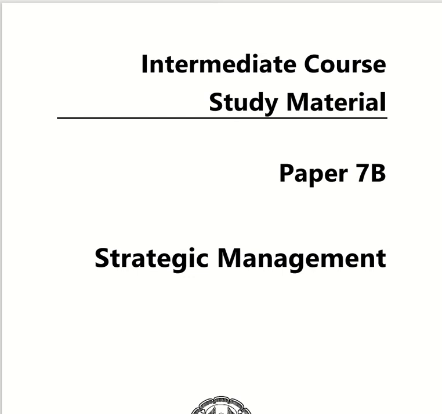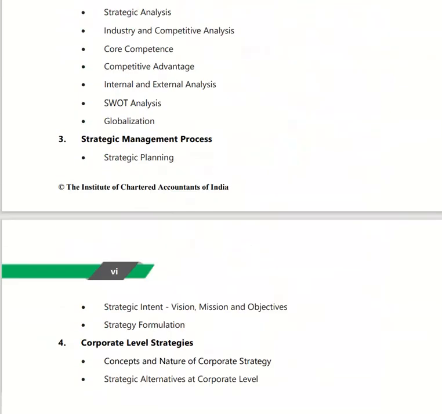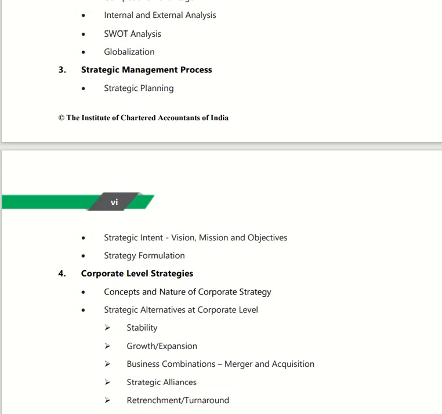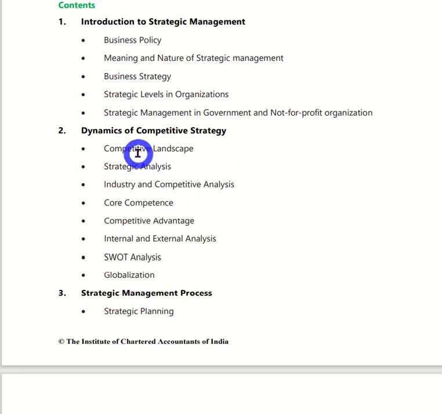As you see on the screen, you have on page 5 here as part of the syllabus, second chapter, Dynamics of Competitive Strategy, which have some bullet points, about 9 odd bullet points.